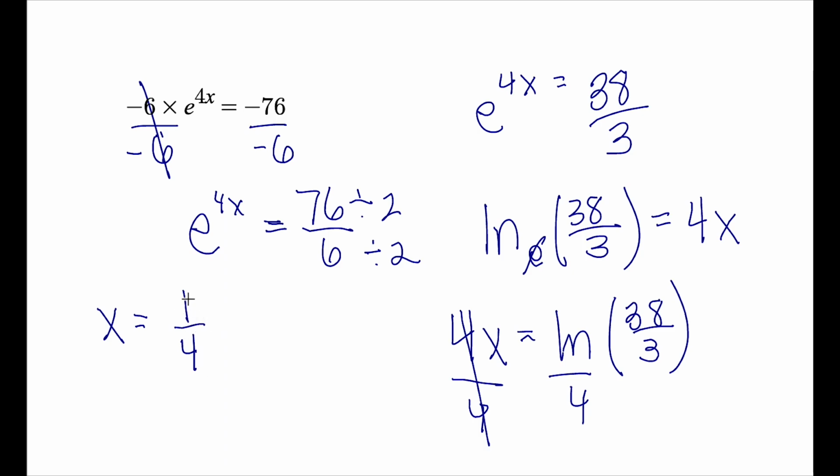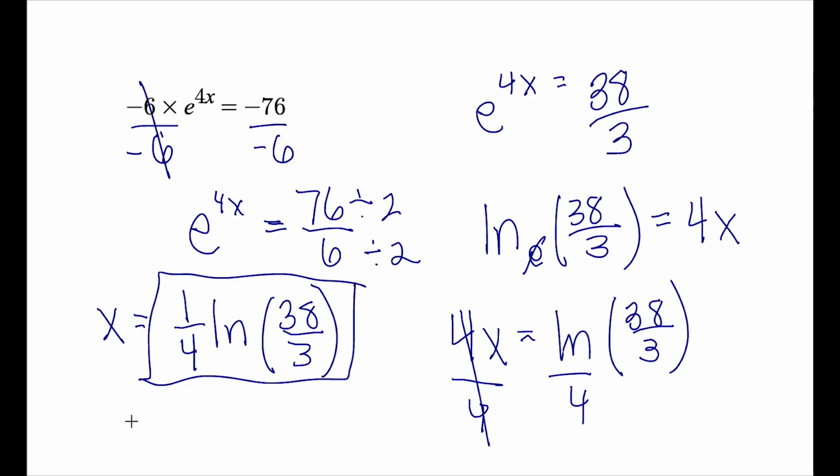So my x is 1/4 of ln of 38 over 3. This is exact form. And the approximate answer when you plug it into your calculator is 0.635. And just like with logs, you can plug this back into your calculator for x and make sure that your answer is pretty close to -76.